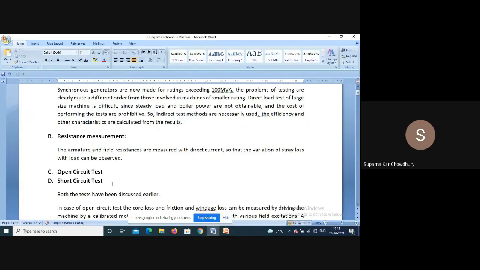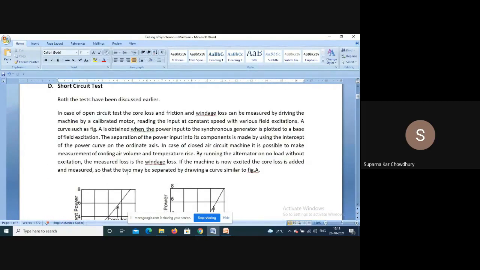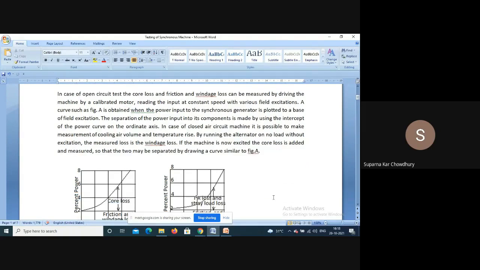Now, during the open circuit test, the losses which occur in the machine are core loss, friction and windage loss, and obviously the loss for the excitation system.